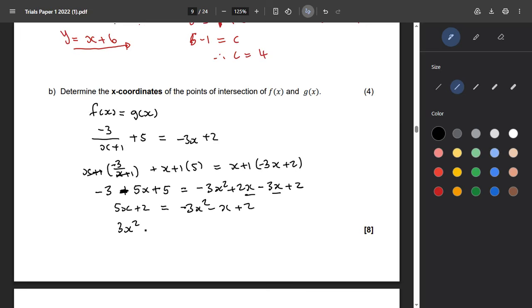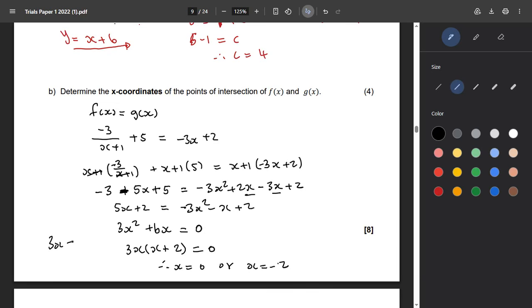And then we still have the x this side, 5x plus x, that's 6x. Then the 2 and the 2 cancel. So what's next? Common factor 3x, I'm left with x plus 2, because the common factor is 3x. So when I solve the value of x, it's 0, or you'll find that your x is -2.